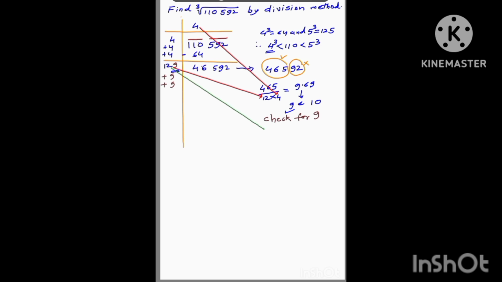I am taking this 12. Okay, always do this: 12 into 9. Which 9? See, from where I am taking 9. Okay, this new number 9. We are checking whether 9 is the correct number or not. Okay, 9 into 4, that 4 on the top of it.